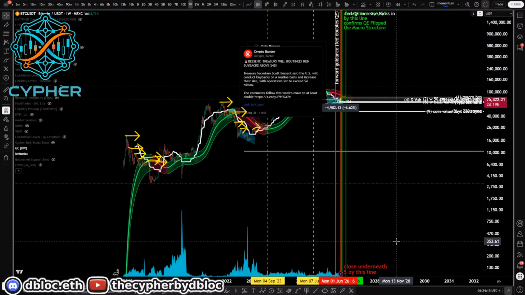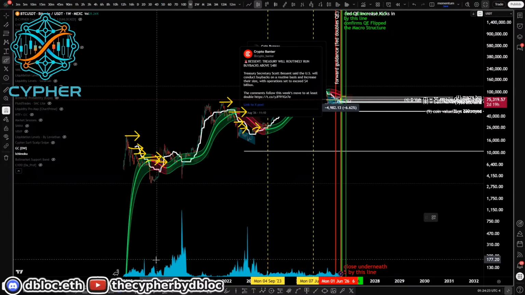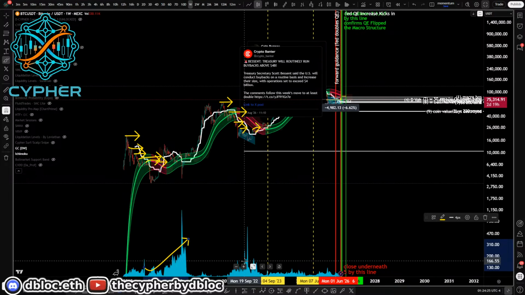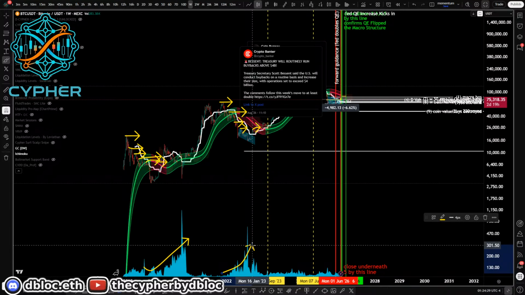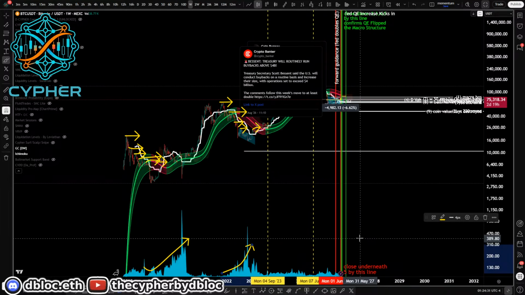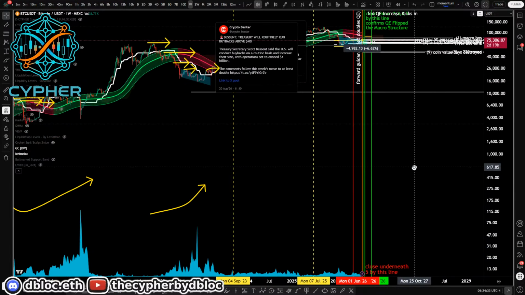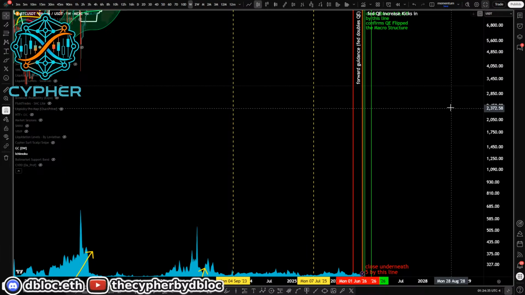Where's our volume? This is what the bottom of a bear market ramp up looks like, right? This is what the bottom of a bear market ramp up looks like. This is what we have.